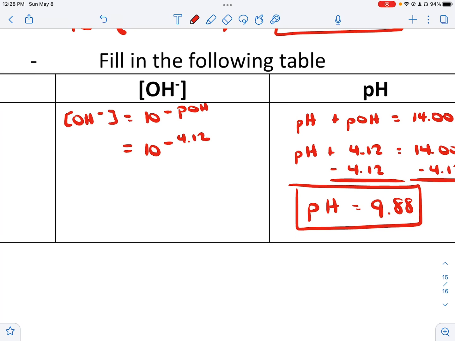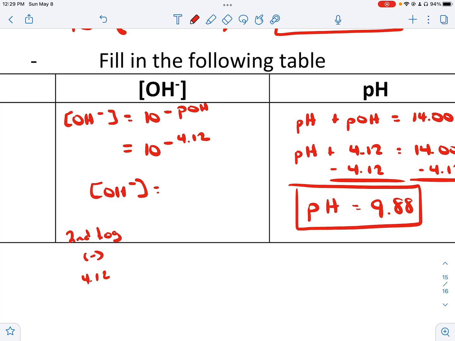So we're ready to plug that in. Plugging this in our calculator, a little aside, we're going to hit second log on our TI, and then negative, and then 4.12.